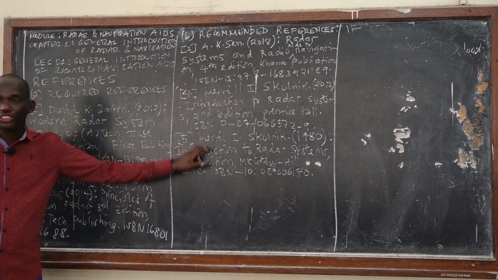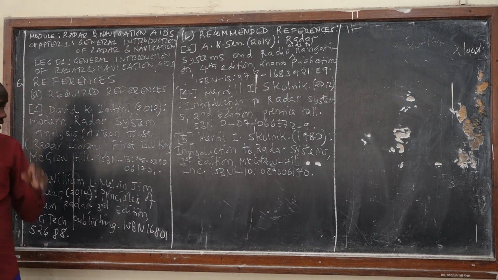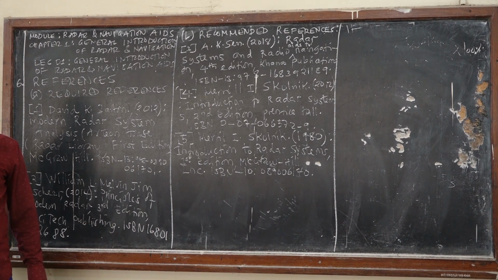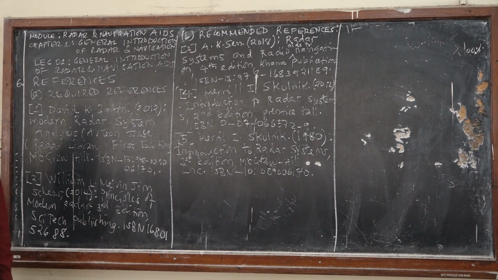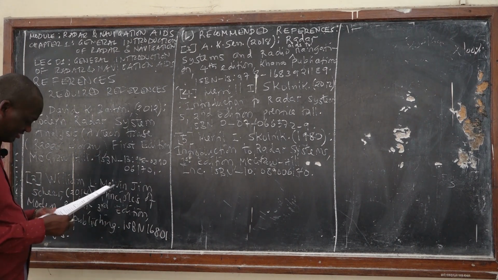So let us finish with this one. Merrill I. Skolnick. 1980. Introduction to Radar Systems. First edition. Then ISBN.